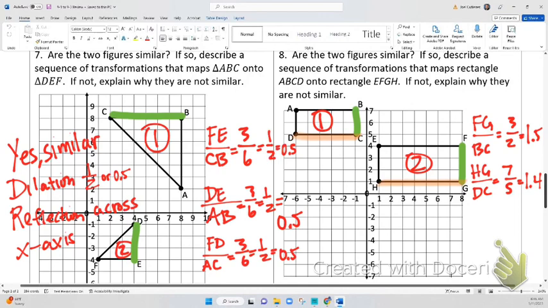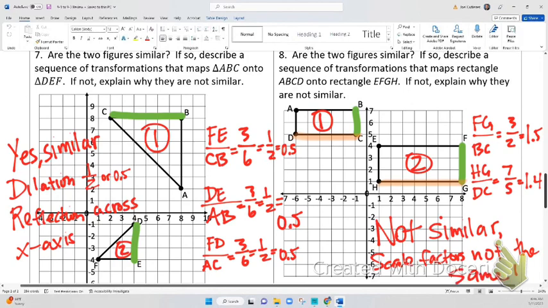Bato's nodding his head in the back saying no, and I agree with him. So we say not similar. So not similar. And then why? Scale factors not the same.